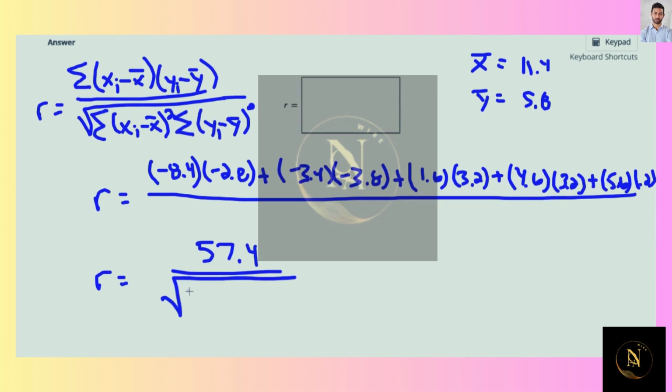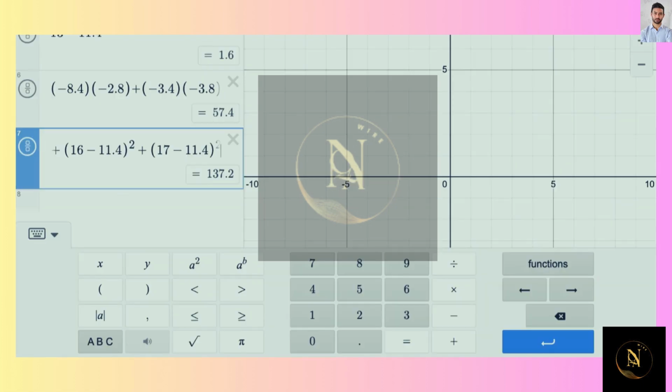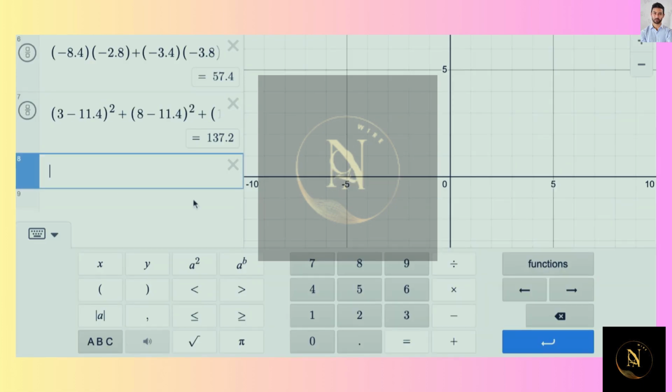So it'll be the square root of 137.2 times the sum of the squares of the difference of the y's.